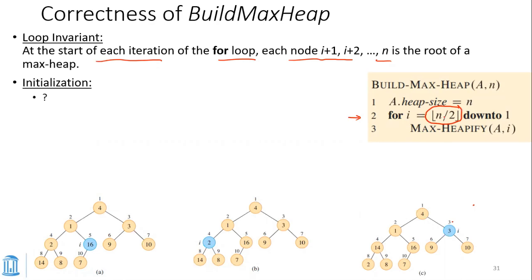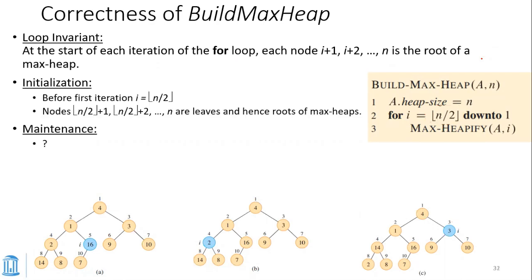So why is the statement true at initialization? Yeah, that was where we started off by saying that if you don't have any children, you're already a max heap. Okay, so initialization is sort of trivial.